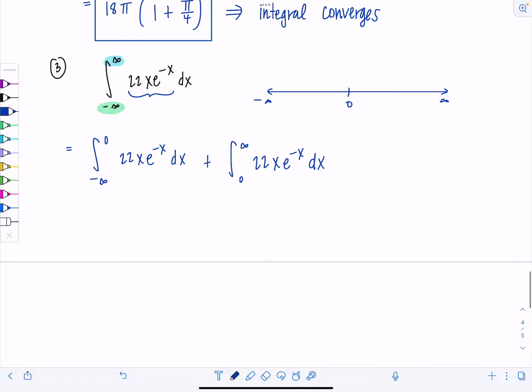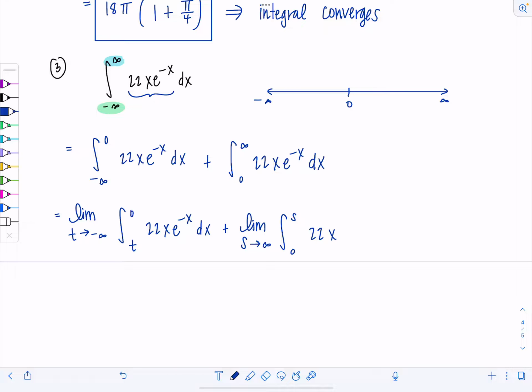And then we need two different dummy variables for the limits. So I'll say the limit as t goes to negative infinity of the integral from t to 0 of 22x e to the negative x dx. And then pick a different variable, let's say the limit as s approaches positive infinity of the integral from 0 to s of 22x e to the negative x dx.